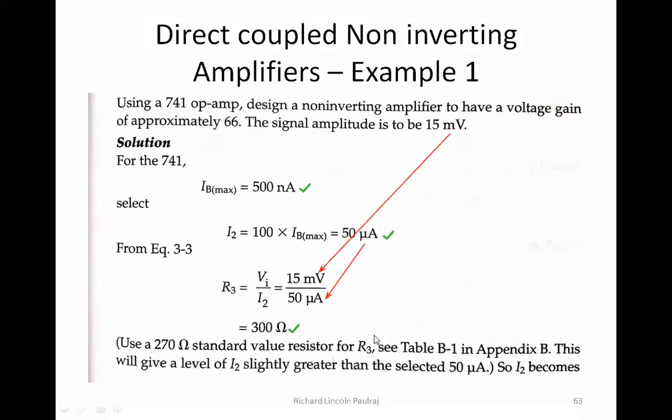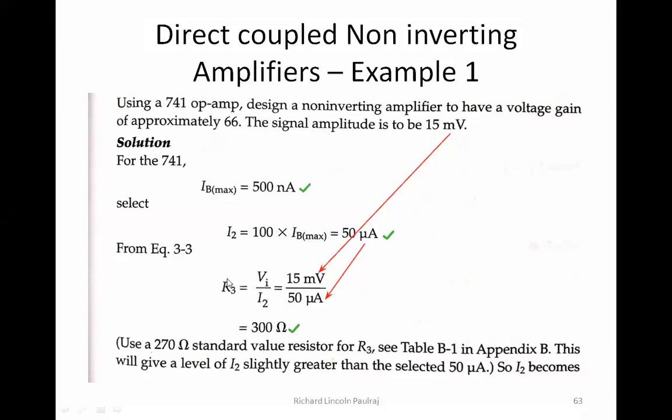So now we have the value of IB, we have the value of I2, we have the value of R3. Now, since I have R3, I have VI, I know I2, it's going to be easy for me to calculate which resistance is pending for my design. R2 is pending, very good, and R1 is pending, right?